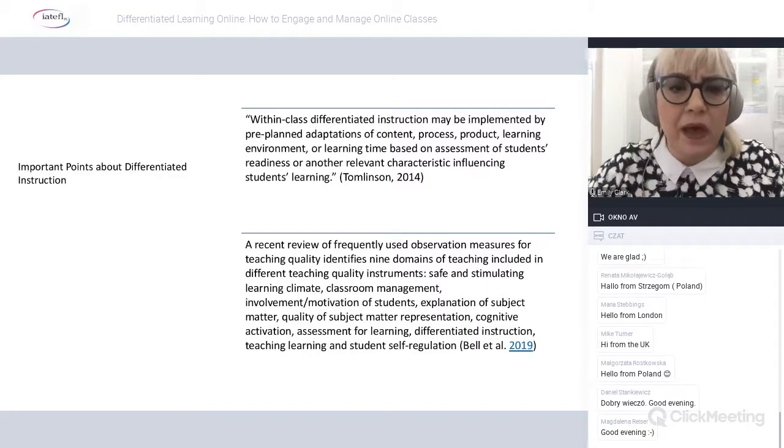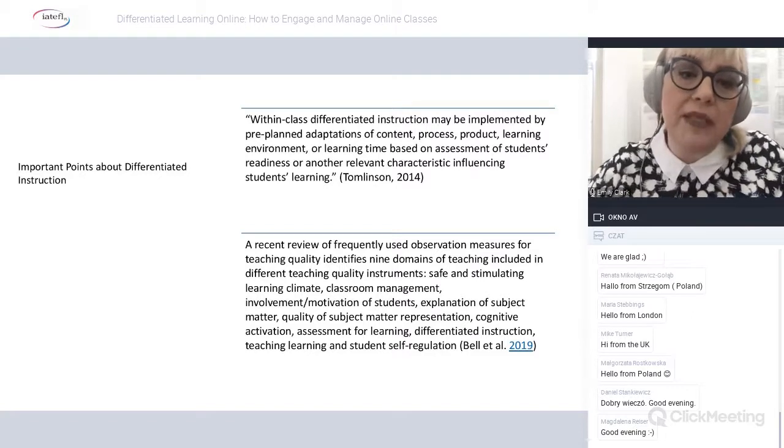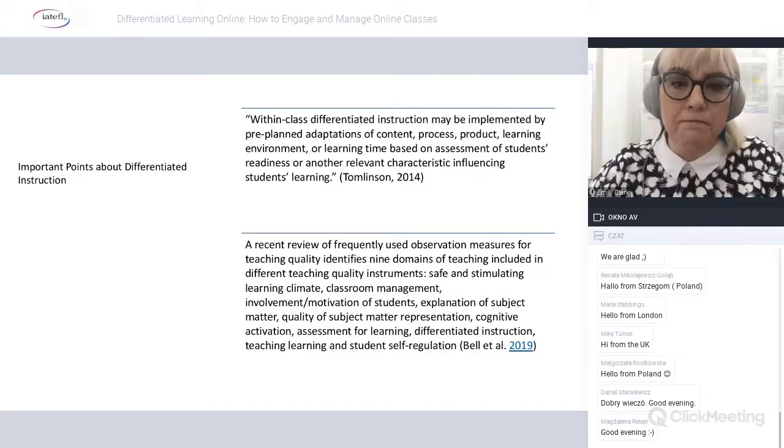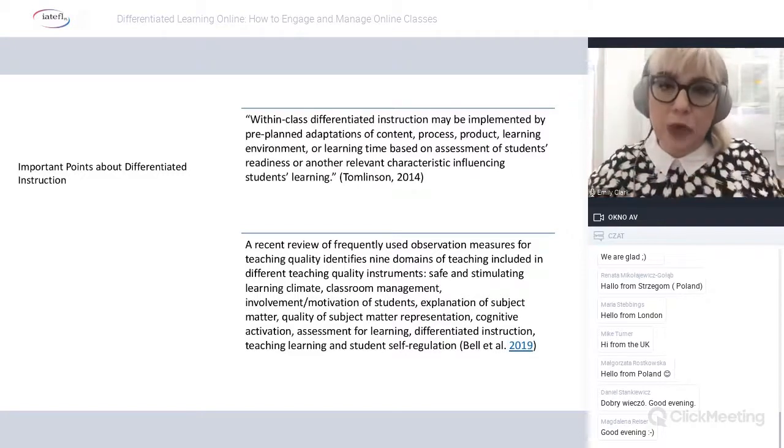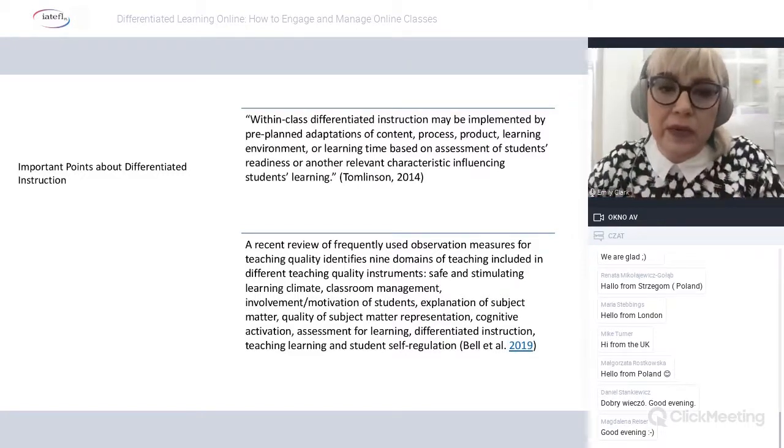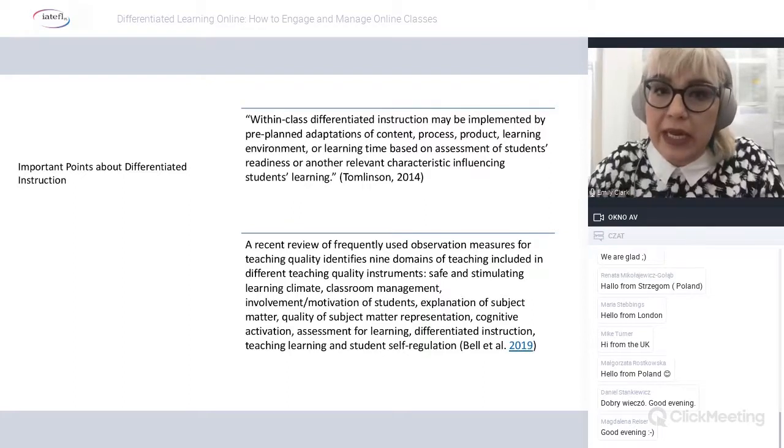And then also, I thought this was quite interesting, this quote. If you want to read more about it, there are references at the end. They talked about the idea that good teaching quality has nine domains. That would include a safe and stimulating learning climate. So we know that.